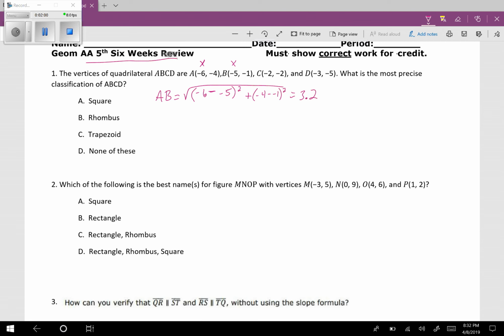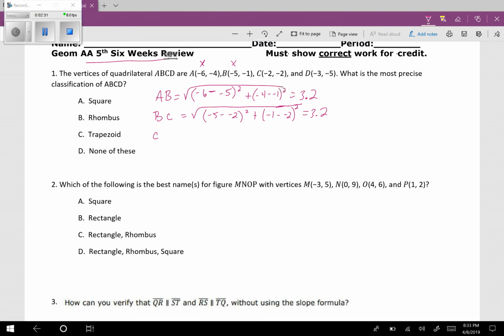All right, now we'll do BC. Okay, and again, it's the x's, you subtract them and you square it. So B minus C, so -5 minus -2 squared, plus, and then now we do the y's, -1 minus -2, and again, square that. And type this in the calculator exactly as is, and you'll get the square root of 10 again, which is 3.2.